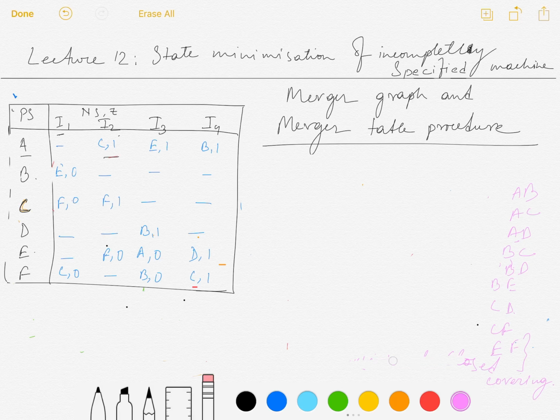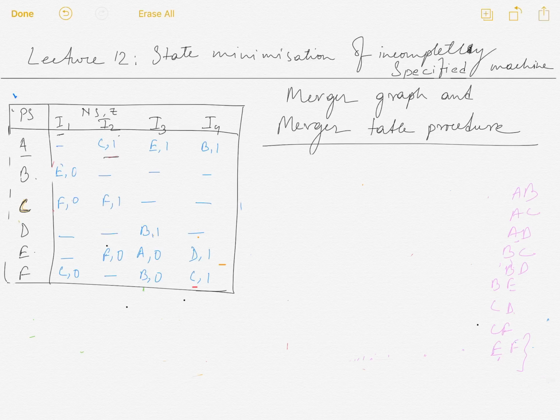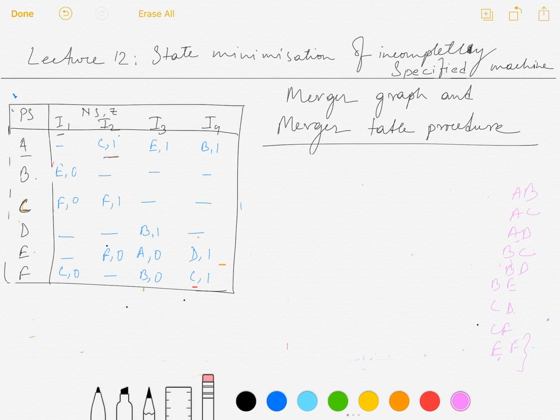Let us consider any arbitrary pair, suppose AB and BC. We have to check whether AB and its implied pair, and BC and its implied pair, also belong to this set or not. Now, AB does not have any implied pair, as well as BC does not have any implied pair. So, we can say that this pair is a closed pair.